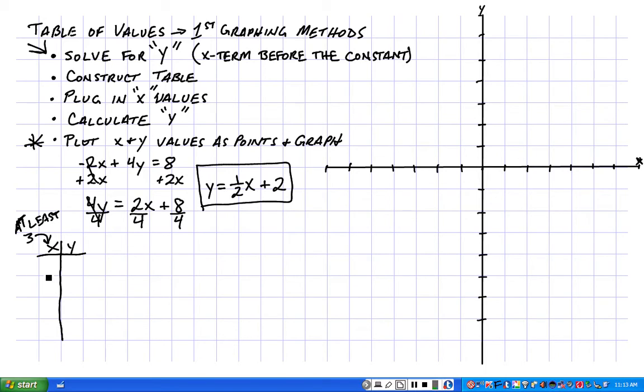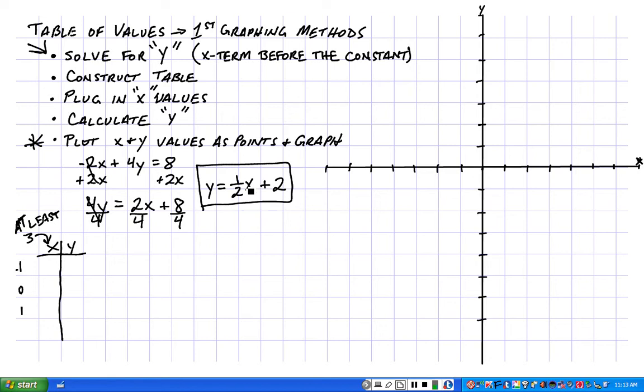So here, I told you with the last problem, instead of using -1, 0, and +1, remember, -1, 0, and +1 are the numbers we normally use. But that's only if the coefficient for x is an integer. If the coefficient for x is an integer, after you solve for y, then you use these numbers. But if we notice, we've solved for y, we've got our equation in the proper form.